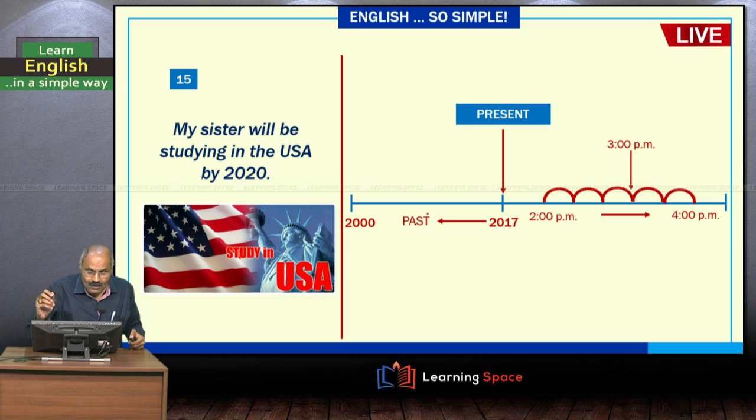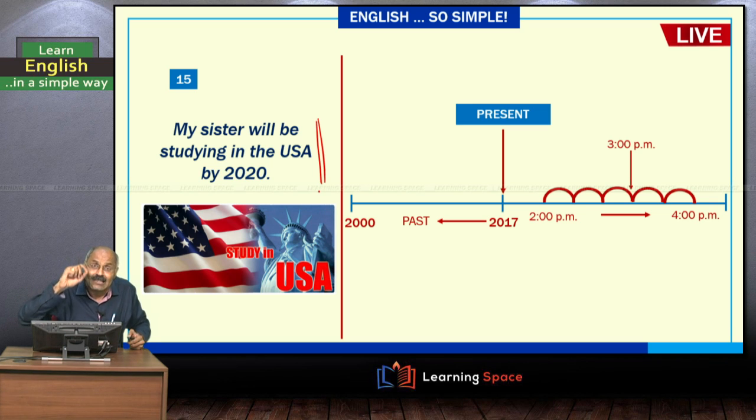When you look at the next aspect, that is: my sister will be studying in USA by 2020. By is different, at is different. When we discussed one example, it was with "at this time". At this time indicates a momentary action, but "by this time" is something different. We deliberated last time.